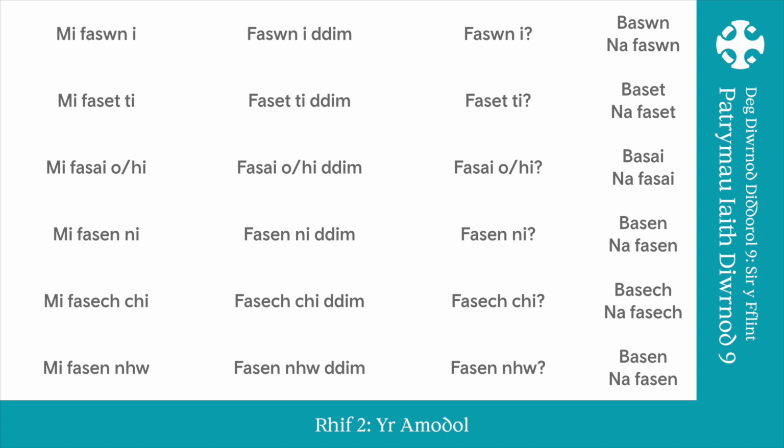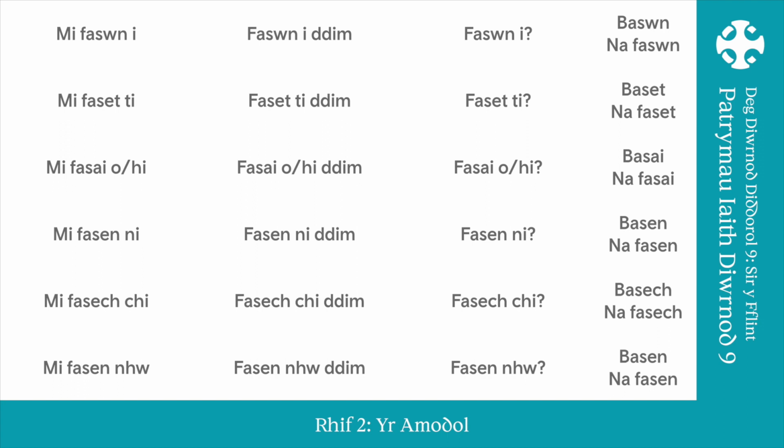Mi faswn i, mi fasa ti, mi fasai o, mi fasai hi, mi fasa ni, mi fasa chi, mi fasa nhw. Faswn i ddim, fasa ti ddim, fasai o ddim, fasai hi ddim, fasa ni ddim, fasa chi ddim, fasa nhw ddim.